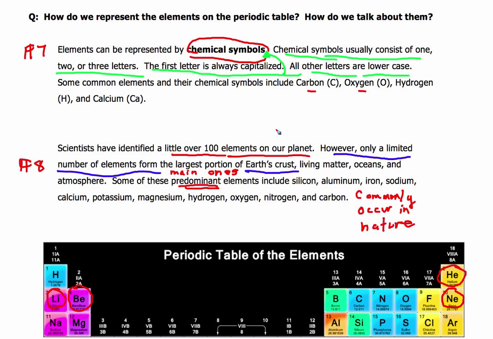And actually there's approximately 20 to 25 elements that actually form most of the matter that we see not only on Earth, but that also exists out in the universe. So, okay, paragraph 7 and 8.